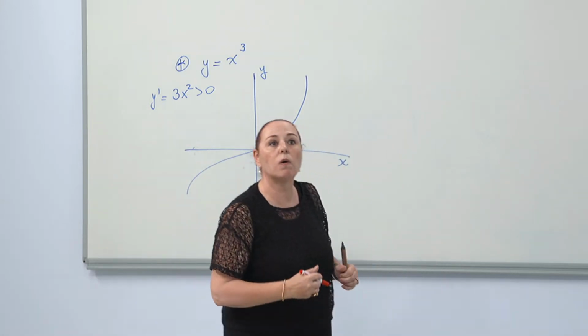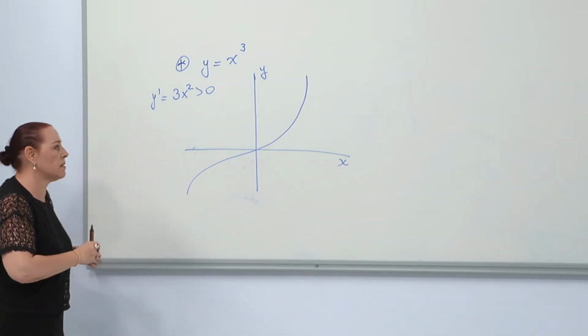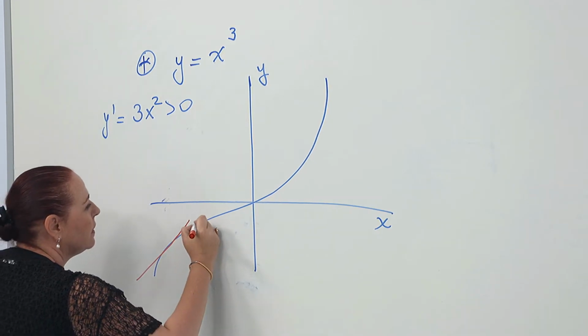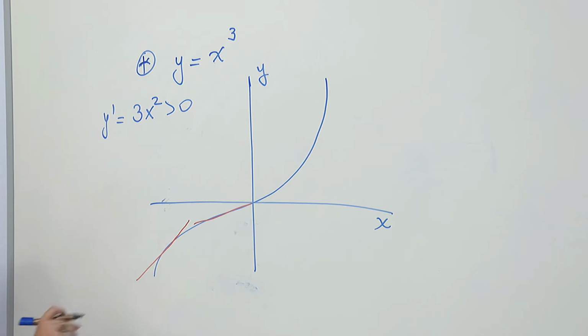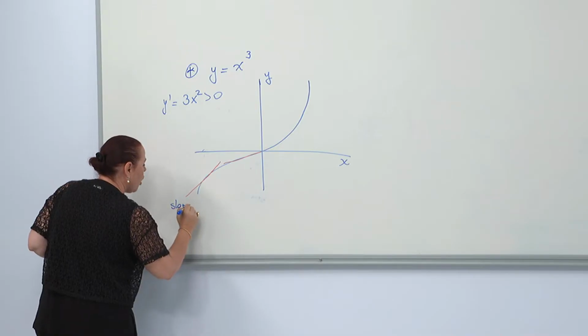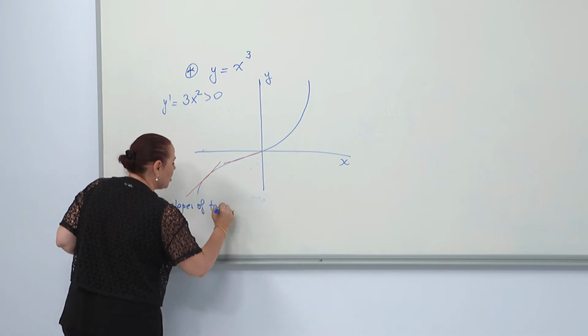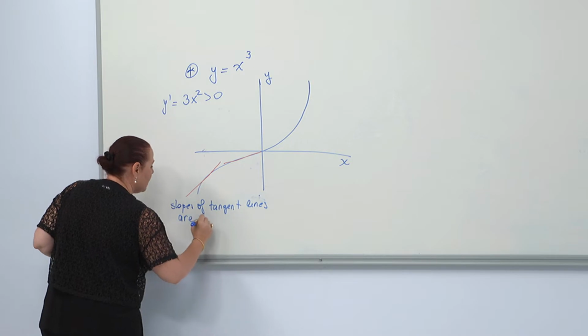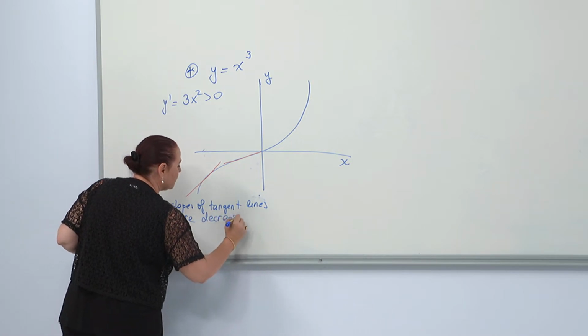Let's explore the tangent lines. You can see that for the negative x's, the slopes of tangent lines are decreasing.